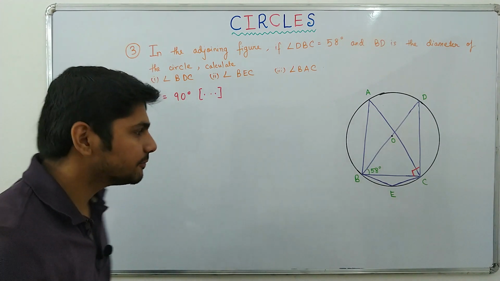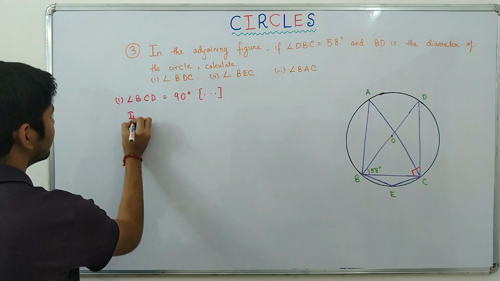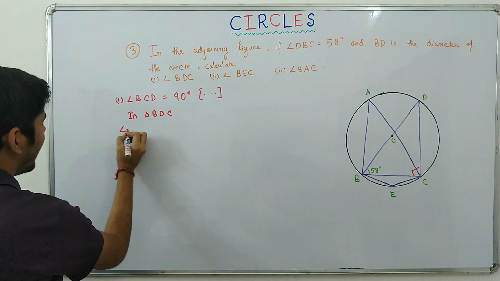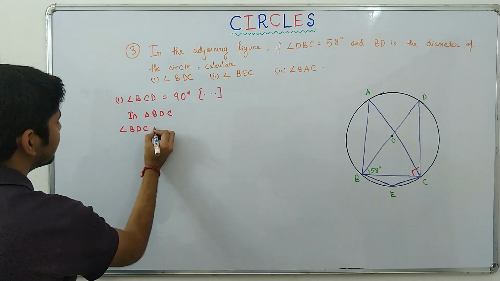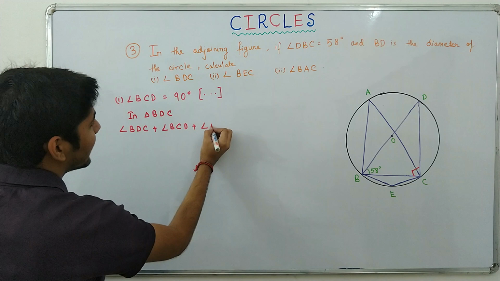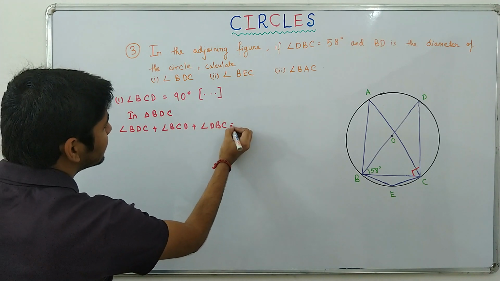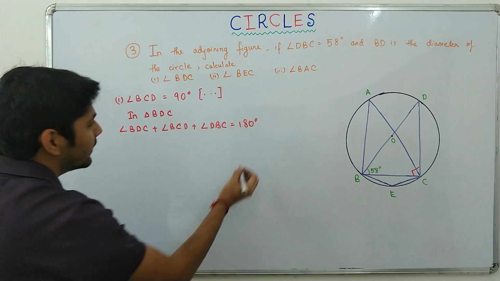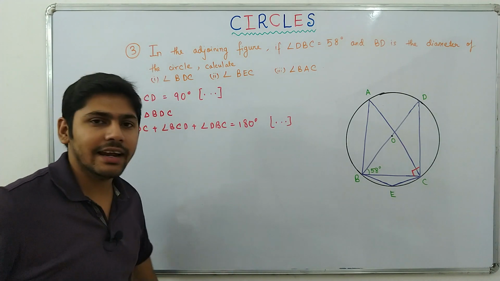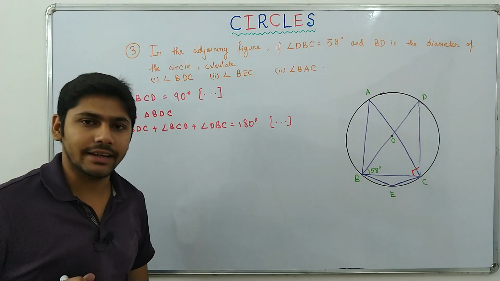So let's do that. So in triangle BDC, angle BDC plus angle BCD plus angle DBC is equal to 180 degree. And beside it I'll write the sum of all three angles of a triangle is 180 degree.